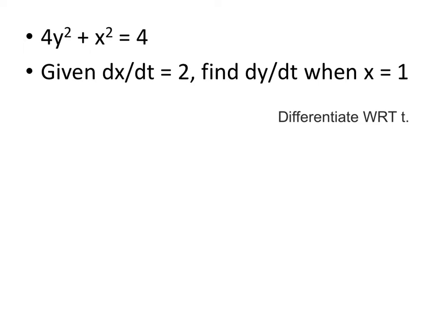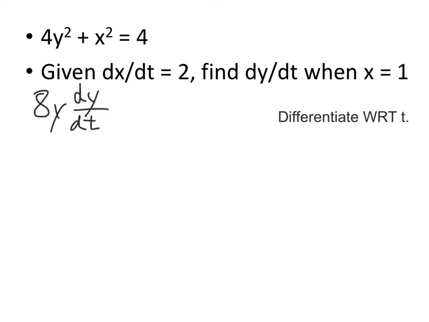And so by using the power rule, the derivative of 4y squared is 8y. And then, because we're differentiating with respect to t, I need to use the chain rule and multiply that by dy/dt.